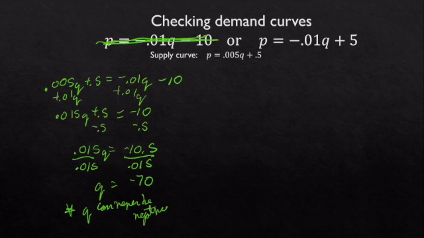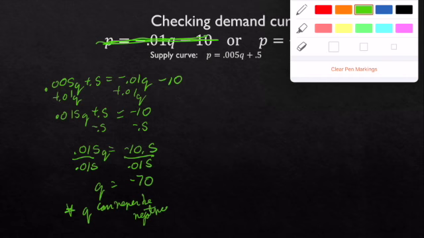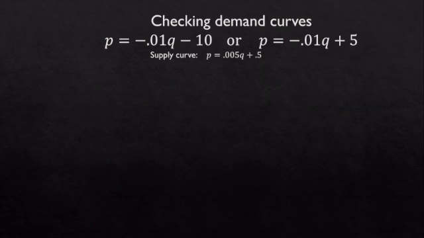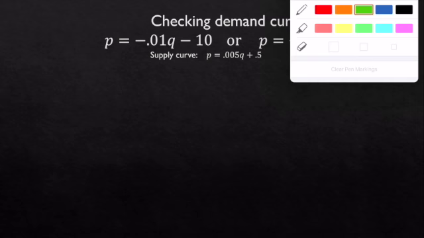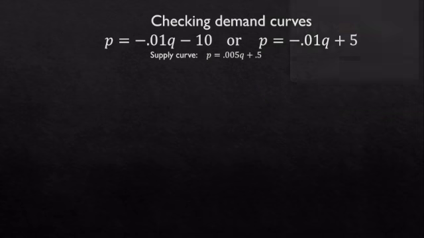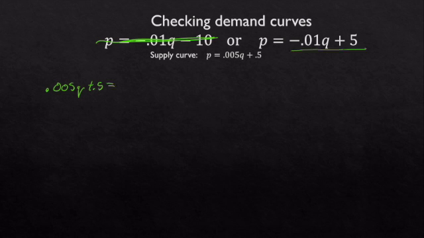I'm going to go ahead and clear the room. Give me some more space. Let's go ahead and try our second demand curve because this one got canceled. So now I have my supply curve plus this demand curve here, using our deductive skills. And I need to go ahead and solve for q.